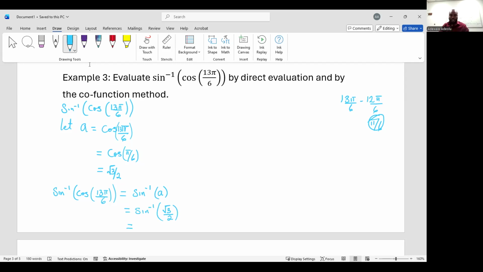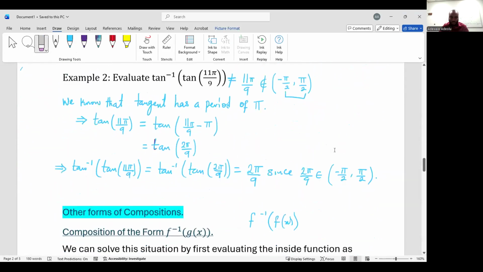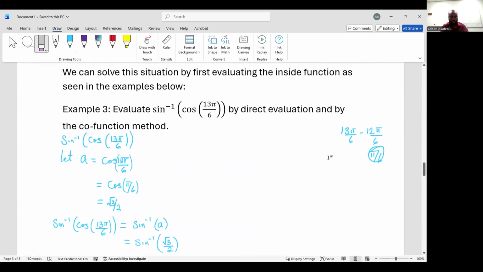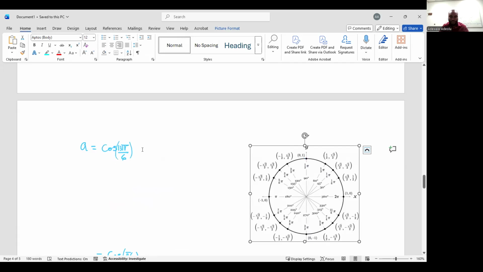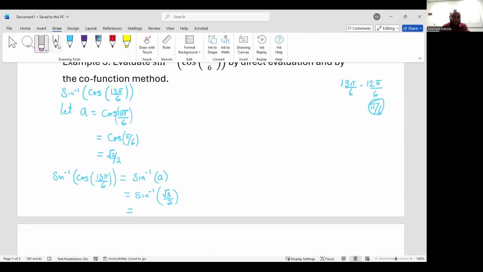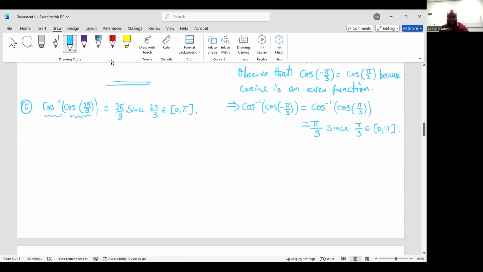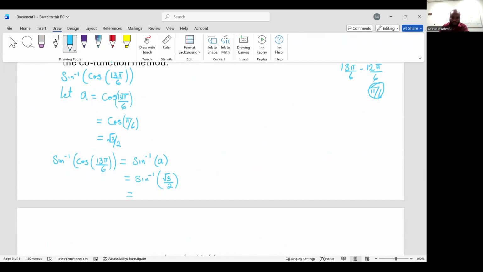If we go back to our unit circle, from the unit circle, for sine, root 3 over 2 gives pi over 3, and also 2 pi over 3. So I have pi over 3 or 2 pi over 3.